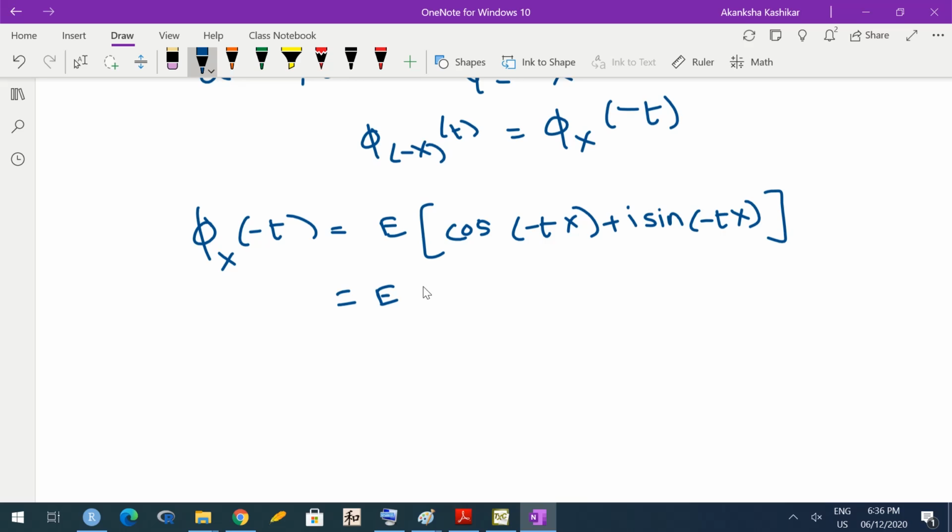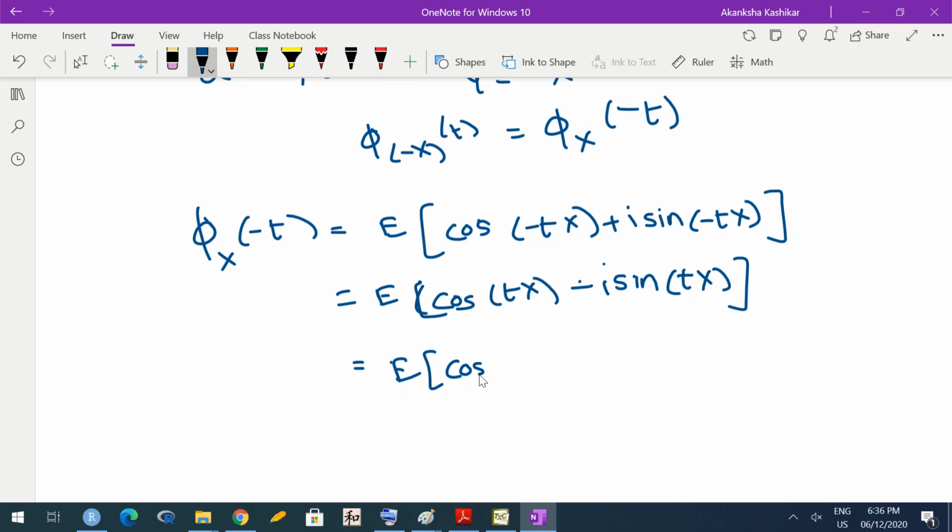Now cos of -x is same as cos x, and sin of -x is minus sin x. So it becomes expectation of cos tX minus i expectation of sin tX.